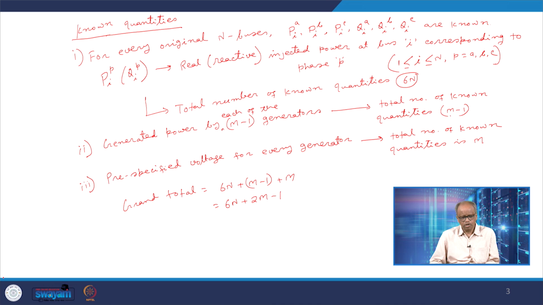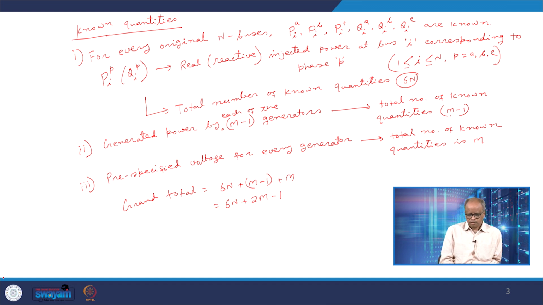From this we would be knowing a total of m known quantities. So again, the total number of known quantities is 6n plus 2m minus 1. As a result, the total number of known quantities is exactly equal to the total number of unknown quantities, so the system would be solvable.